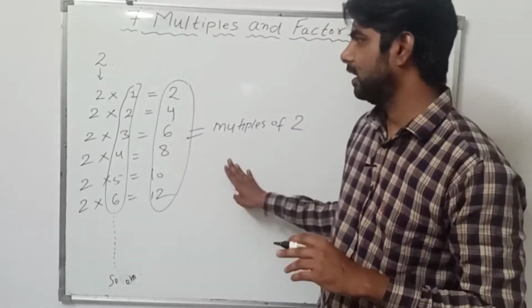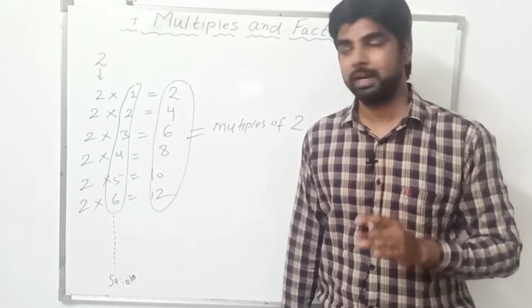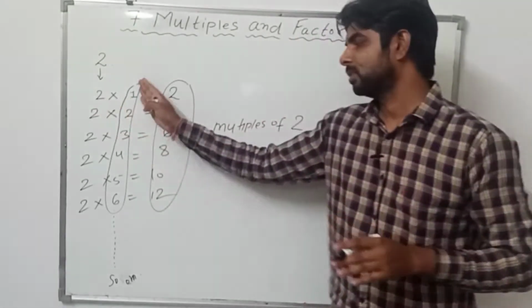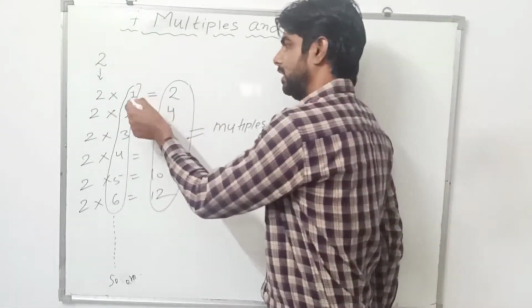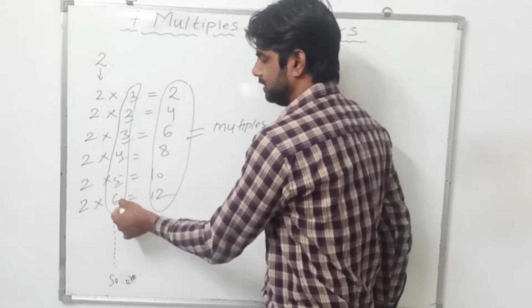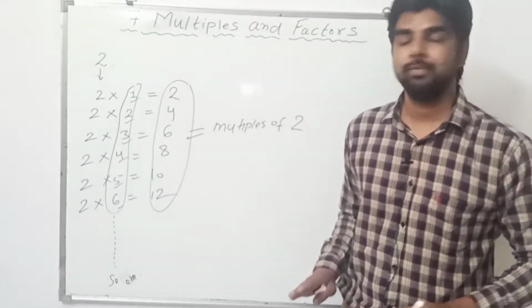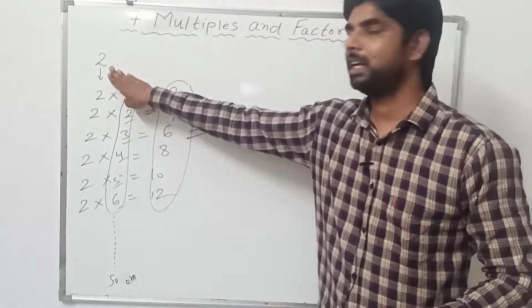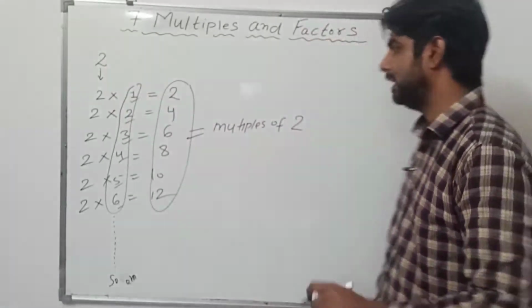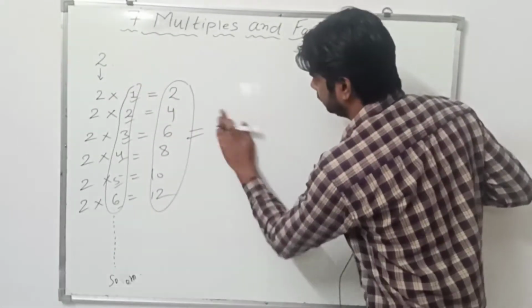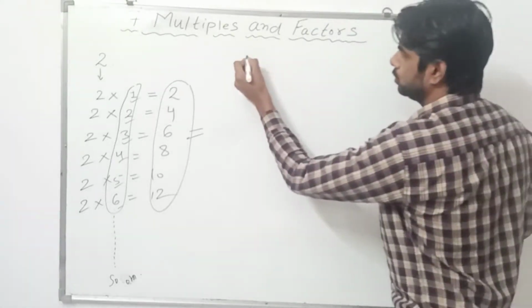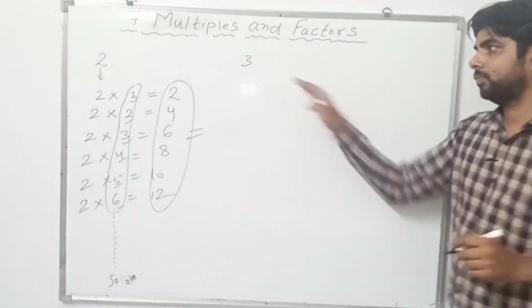What I have said, multiples of a number can be obtained by multiplying a number by counting numbers. If we multiply by 1, 2, 3, 4, 5, 6, 7, 8, 9, 10 up to infinite, we will get multiples of a particular number. In case we want to find out multiples of 3, what we do?